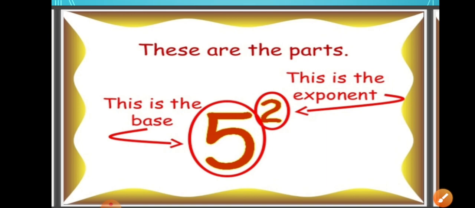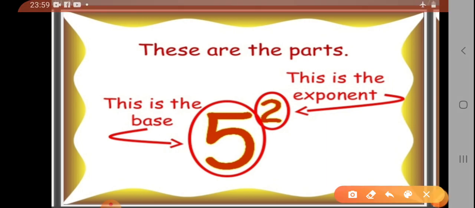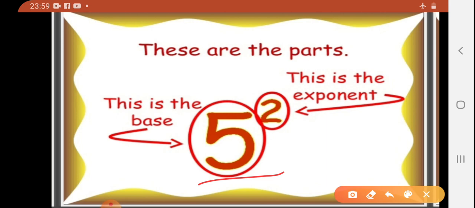Now these are the parts, as we have studied in exponents and powers also. 5 is known as the base, and 2 is known as the exponent, power or index.